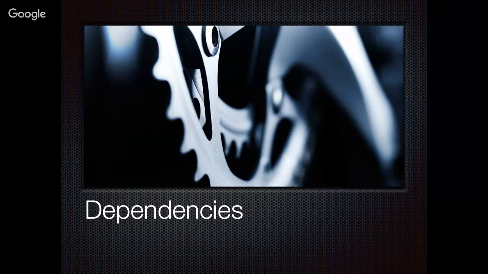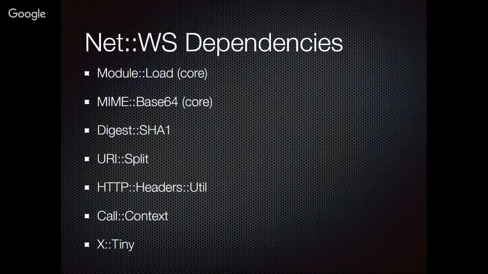As for the dependencies all of this required, I went ahead and used module load. I've gone back and forth on this; it seems a light enough thing, but it could be gotten rid of. Base64 kind of needs that, and you use Base64 and SHA-1 for the basic handshake mechanics of the key and the accept.